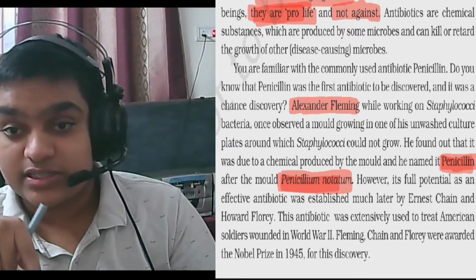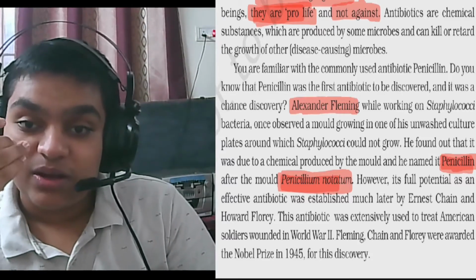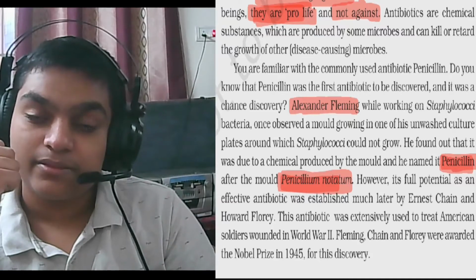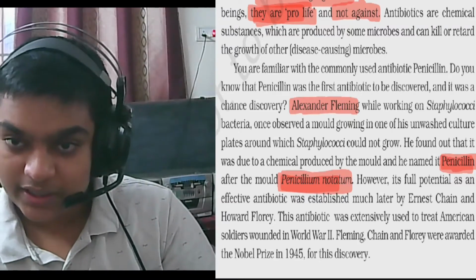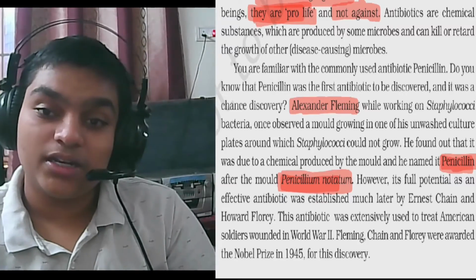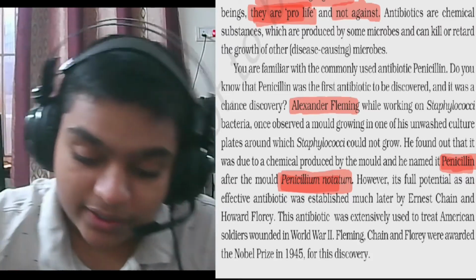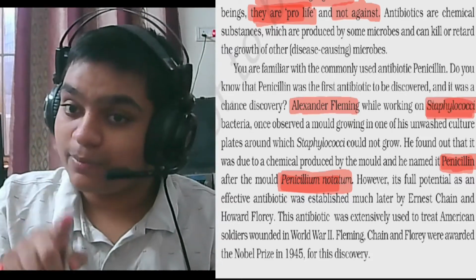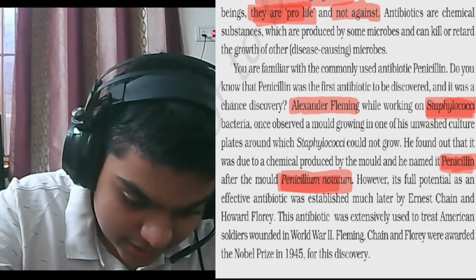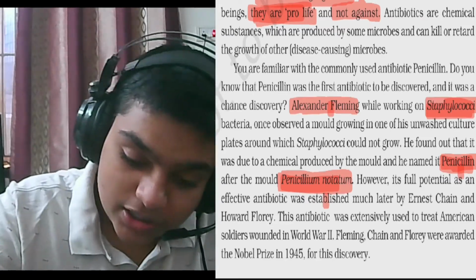We remember this by Alexander Fleming, but we will not remember that this was an accidental discovery, and it was done when Alexander Fleming was working on a bacterium called Staphylococcus or Staphylococci. We will not remember this name, we will be remembering these three.